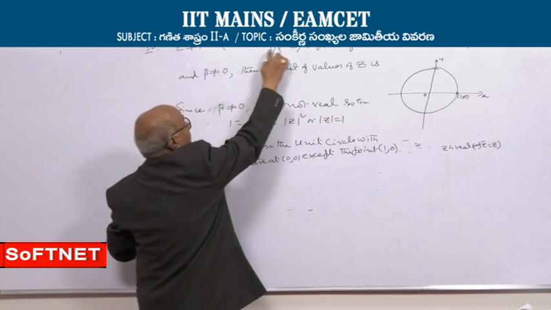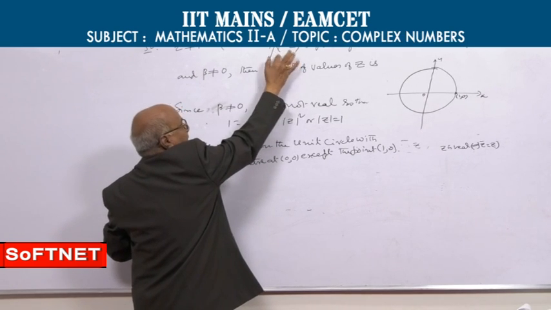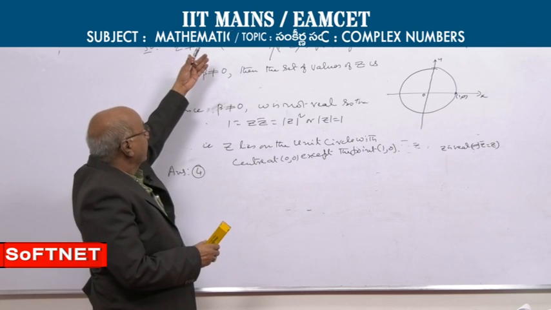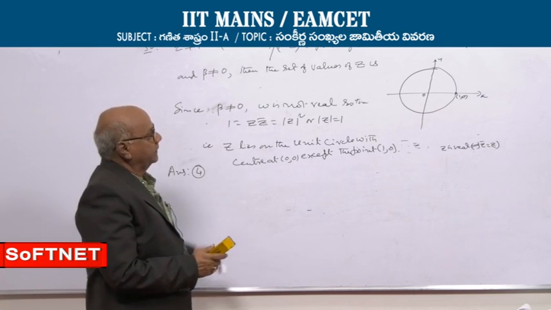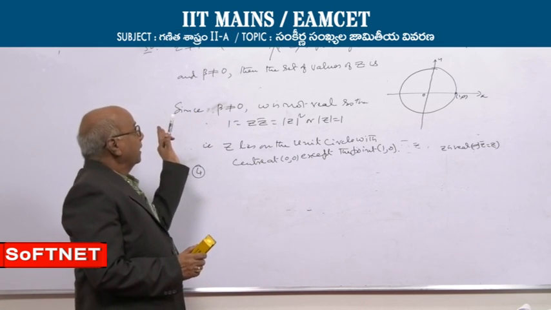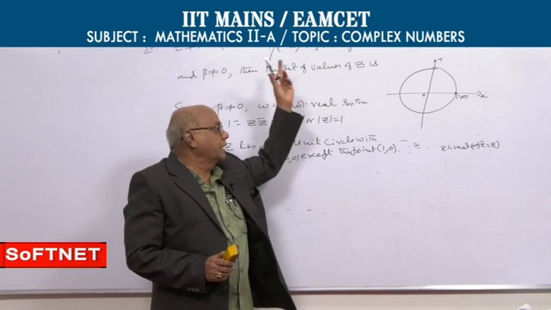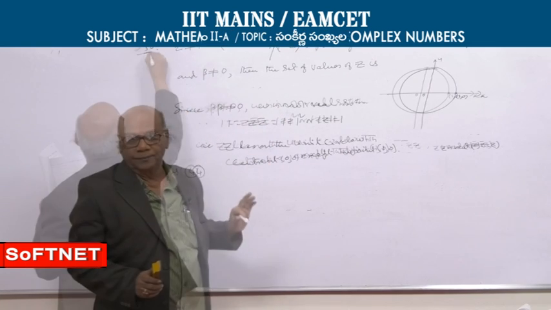But when z is 1, this is absurd, because 1 minus z will be 0. A finite number by 0 is meaningless. So that's why z is not equal to 1. Therefore, here you got the entire unit circle except the point 1 comma 0.